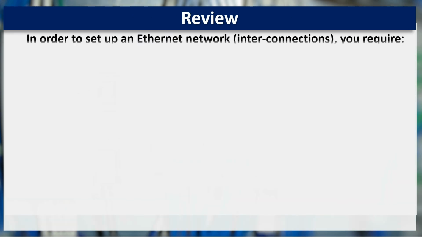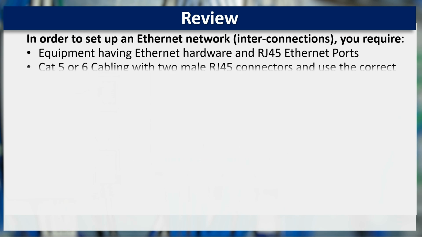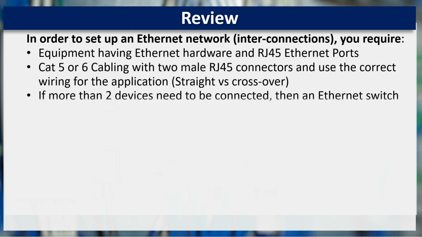Okay, so to review. In order to set up an Ethernet network or interconnections, you require equipment having Ethernet hardware and RJ45 Ethernet ports, Cat5 or 6 cabling with 2 male RJ45 connectors, and use the correct wiring for the application, straight or crossover. If more than 2 devices need to be connected, then an Ethernet switch will be needed.